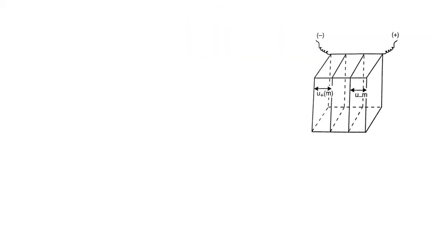The current passing through the solution is given by Ohm's law, I equals E by R, and in this case, as E equals 1, we can write I equals 1 by R, and that is C, conductance in Ohm raised to minus 1.